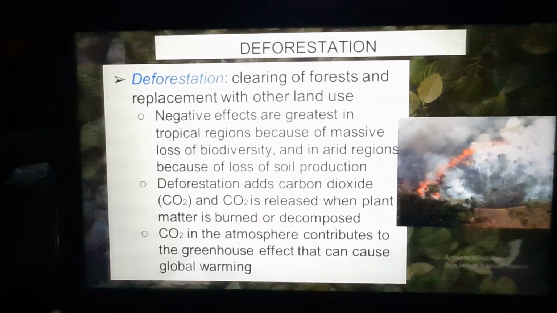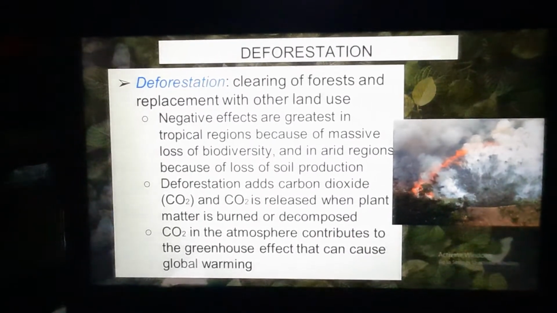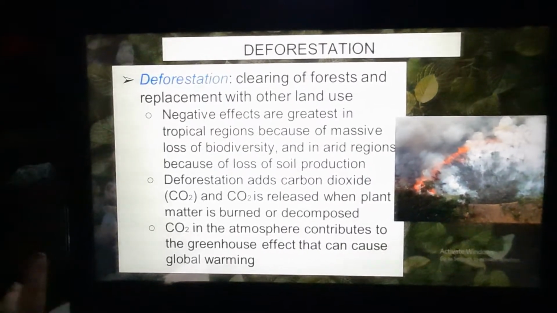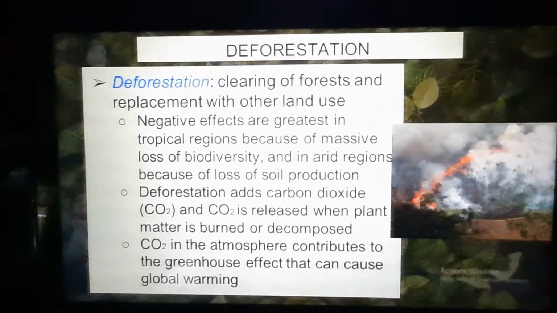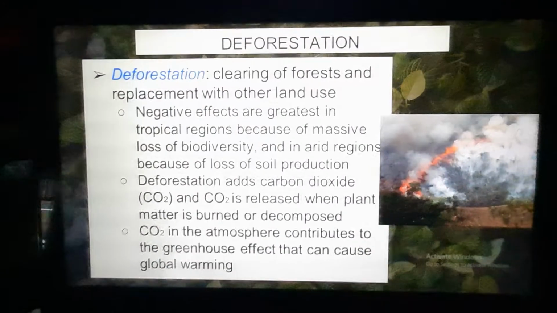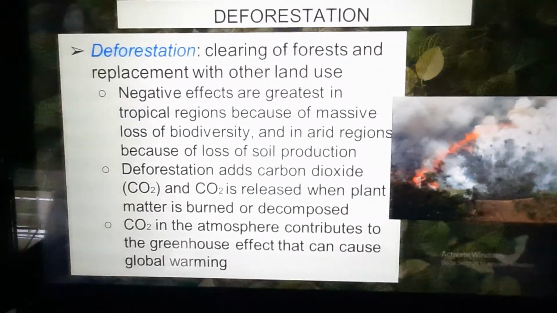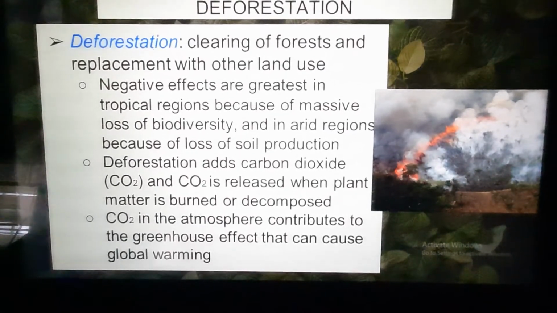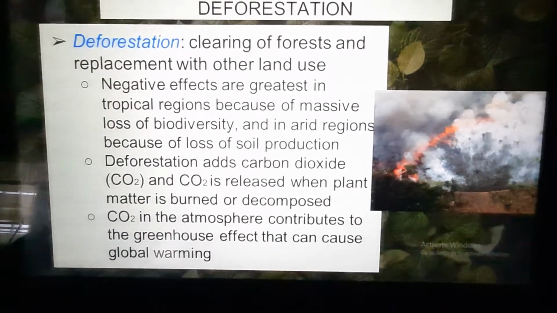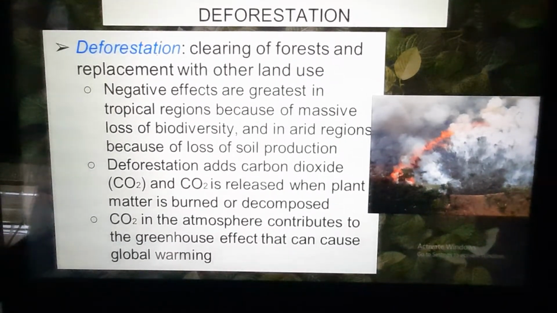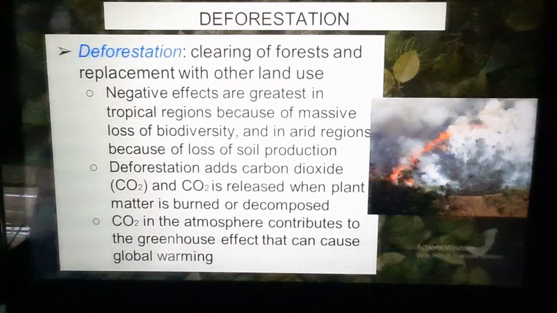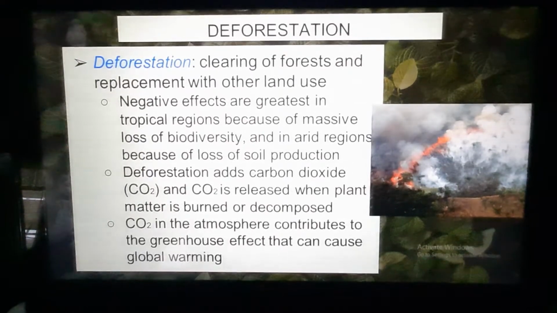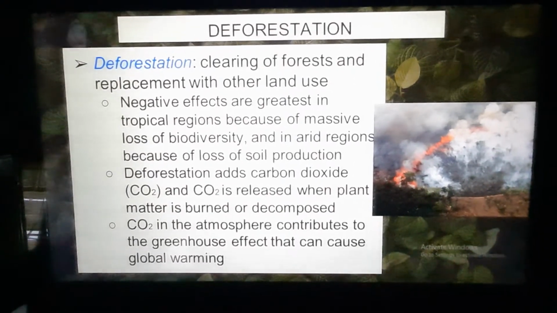Deforestation also adds carbon dioxide, and that's released when plant matter is burned or decomposed. It's a two-bladed knife. Not only does it put extra carbon dioxide into the atmosphere, it also removes a huge part of the filter for carbon dioxide, which was the leaves and plants and the trees themselves.